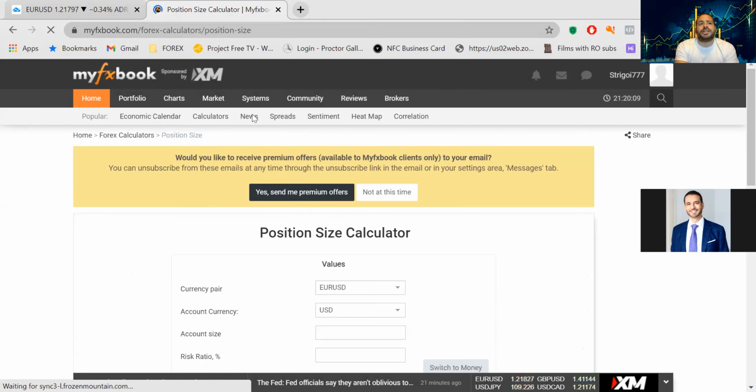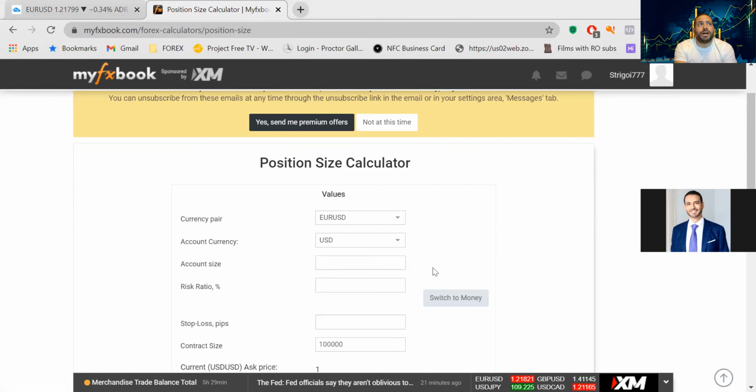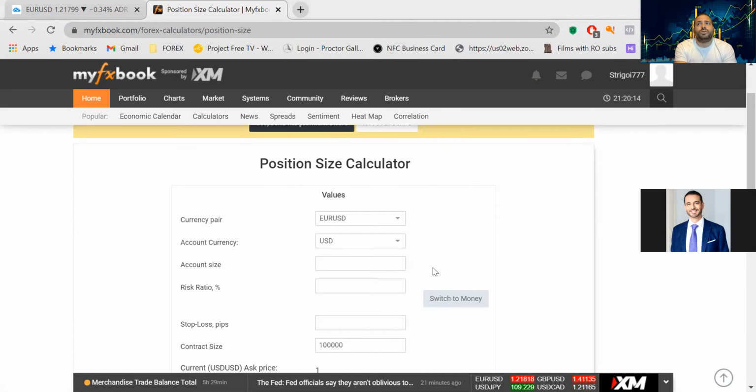Now this position size calculator is going to let me know in advance how much I'm willing to risk. So the trade is Euro USD. My account is in Euro. Let's imagine, for the sake of argument, that my account balance is 1,000 euro. Okay, I only want to risk 2% of my account.